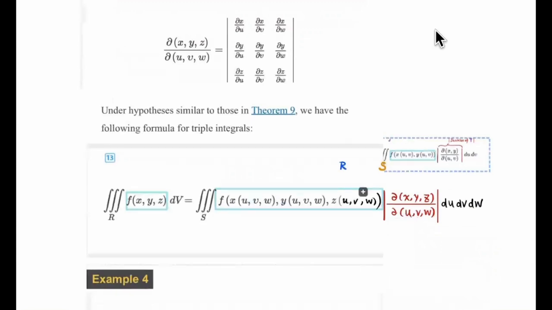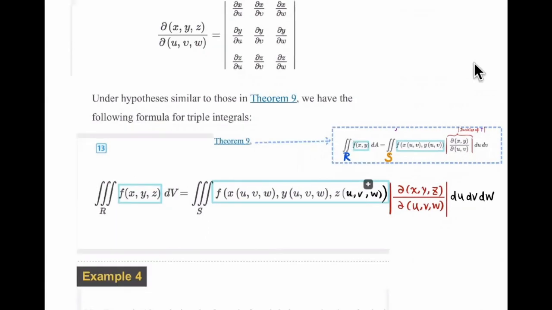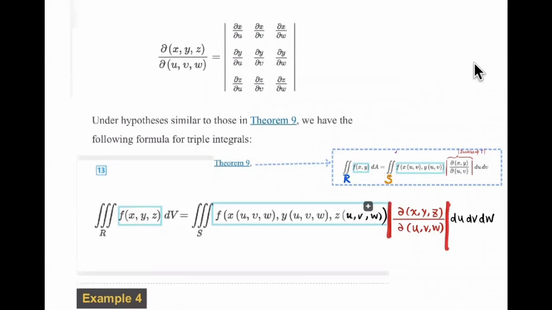And the change of variables in triple integral formula is this one over here. Now this function here is going to be a function of 3 variables, and the Jacobian here will be defined by this, and then du dv dw, and it's going to be over a solid.